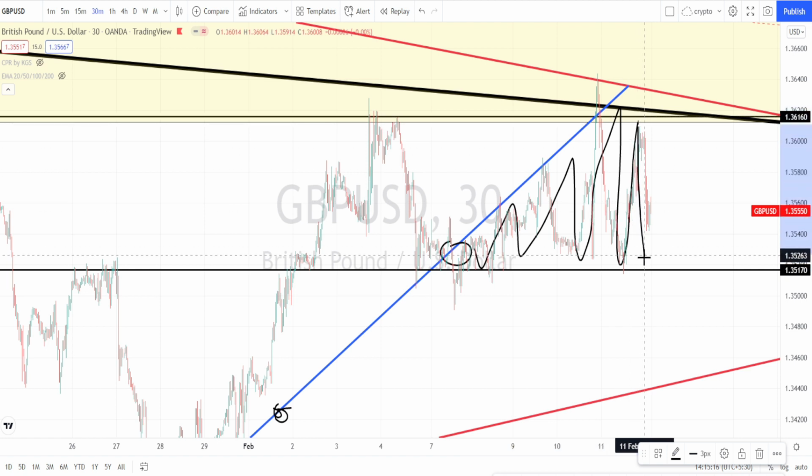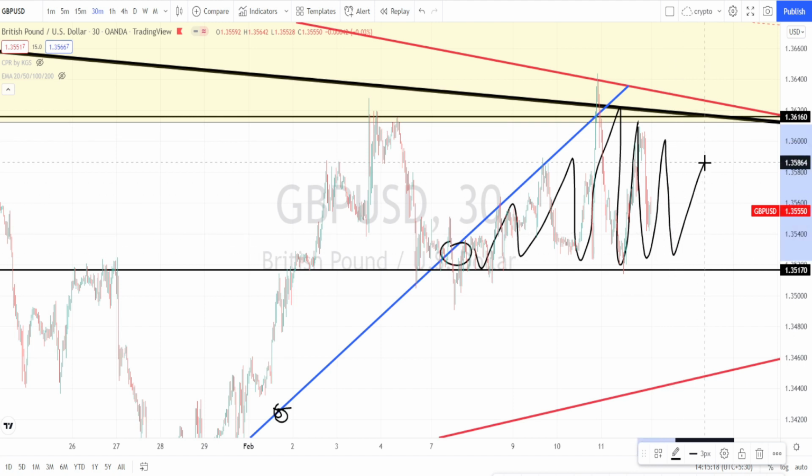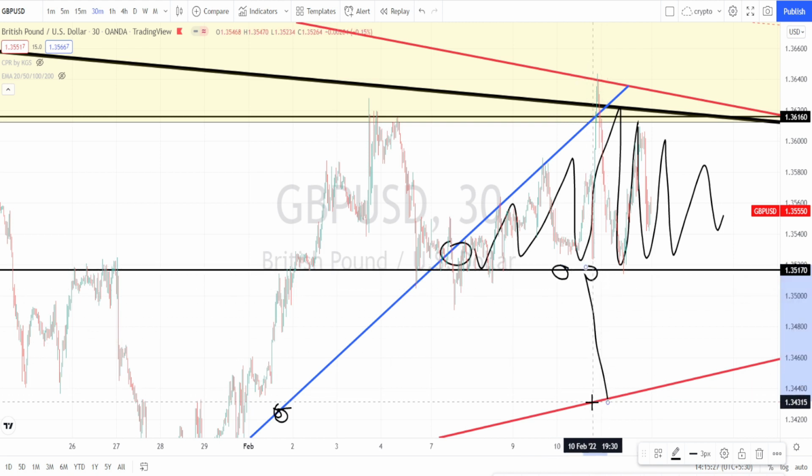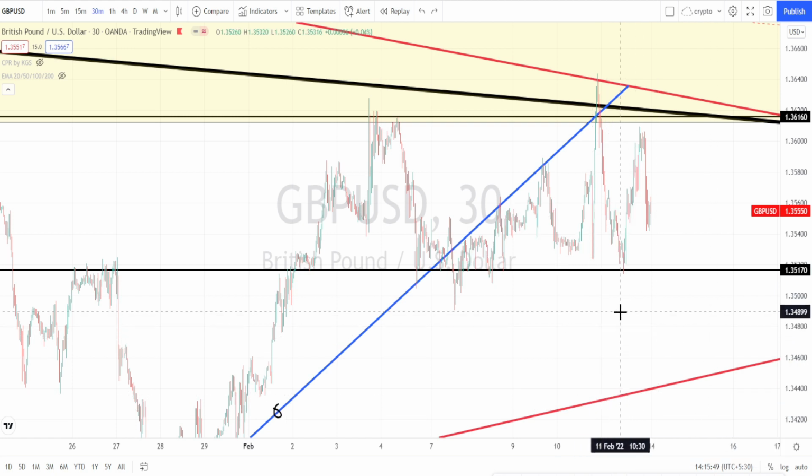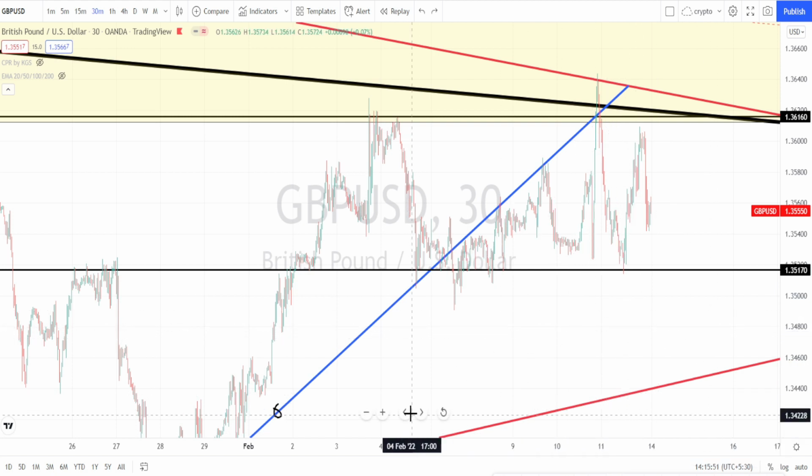So it is a range bound market or sideways market in 30 minutes time frame. Only when the price action breaks this support level of 1.35, we can expect a further fall in this currency pair.